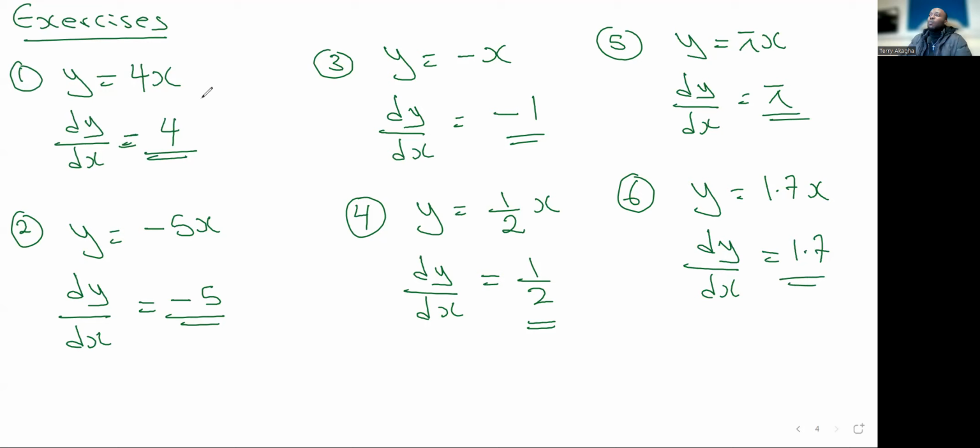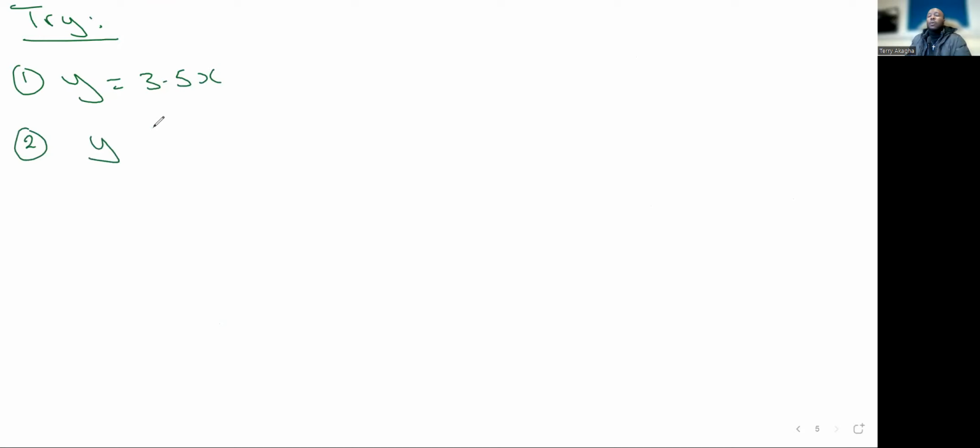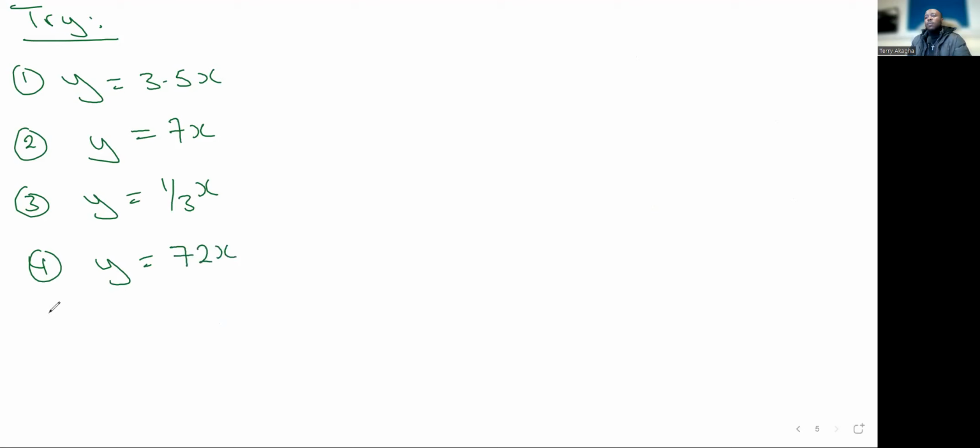So let me give you some questions to try by yourself and see if you get the same thing. Let's say we have y is equal to 3.5x. We have y is equal to 7x. We have y is equal to 1 over 3x. We have y is equal to 72x. We have y is equal to minus 300x.